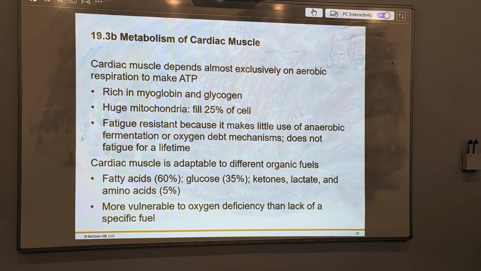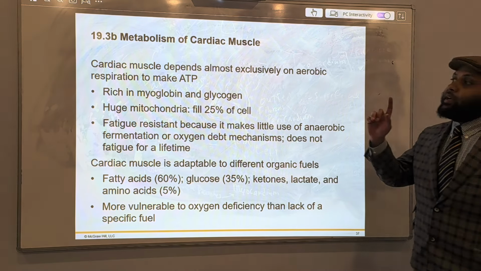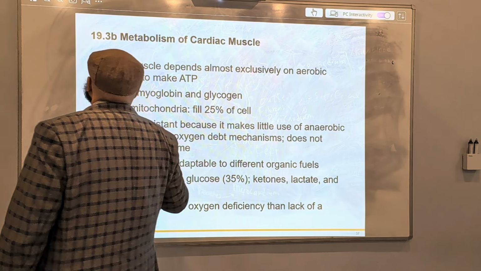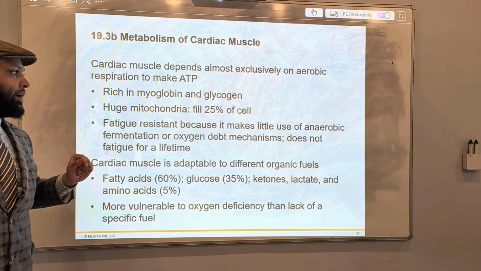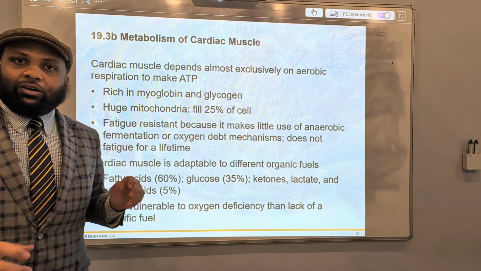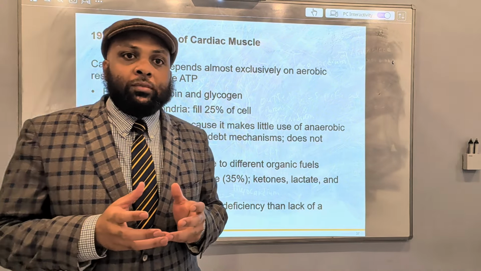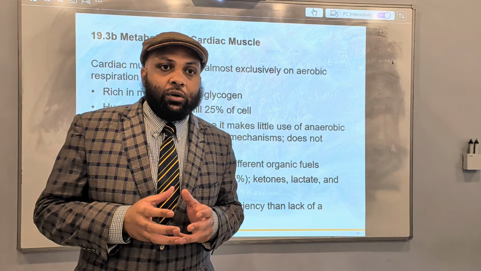So the heart muscle is rich in myoglobin and glycogen. I believe one of the questions in your homework is asking you about that. Glycogen is the storage form of, what is glycogen?